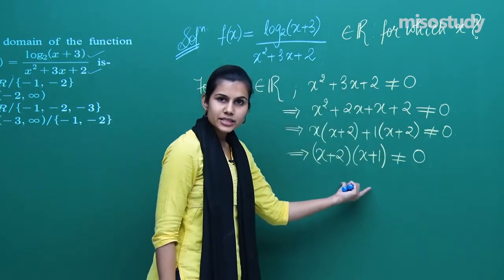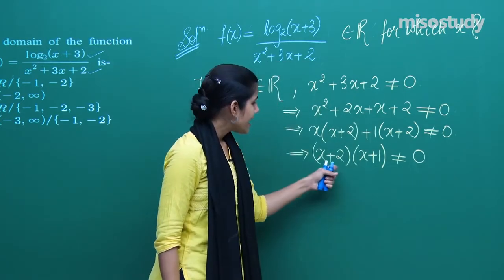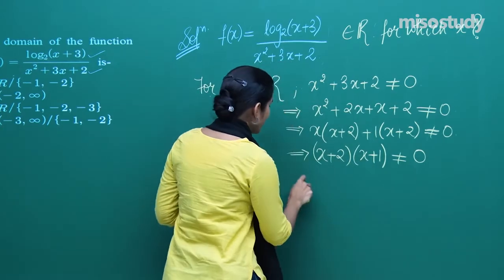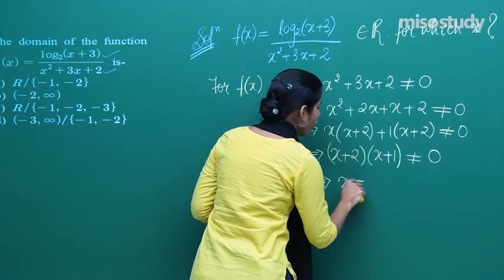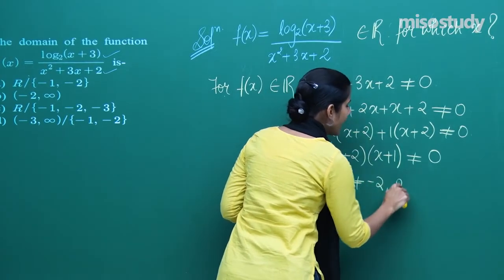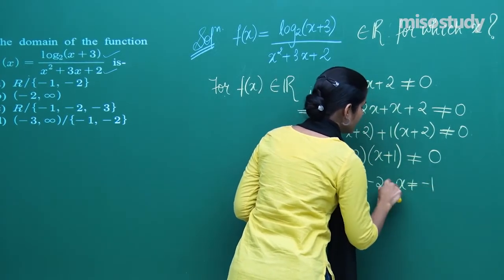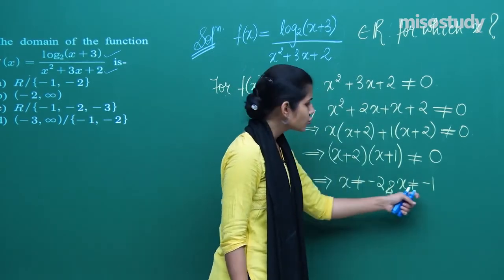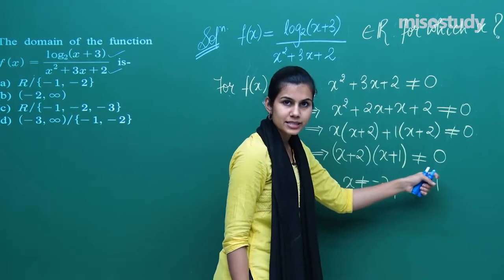And this expression is 0 only when x is equal to minus 2 or x is equal to minus 1, and this implies x is not allowed to be minus 2 and x is not allowed to be minus 1, because if x is allowed to be minus 2 or minus 1, this expression will be 0.